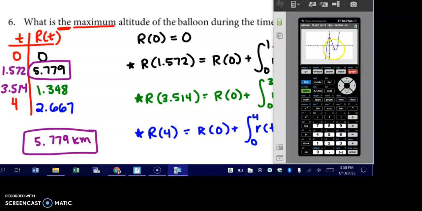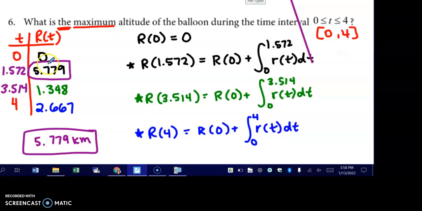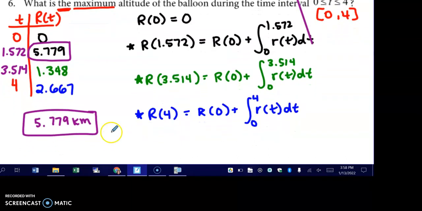Then my balloon goes down and then back up. So look at our position function. If I were to graph the altitude of this balloon, R of t and t, I'm at 0, I'm at 5.779, I'm at 1.348, and then I'm at 2.667.